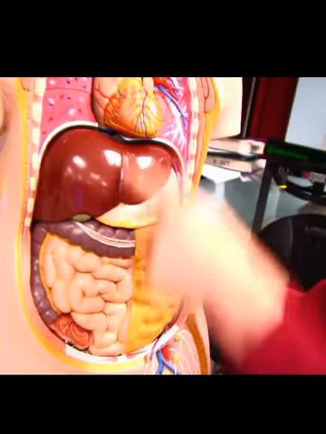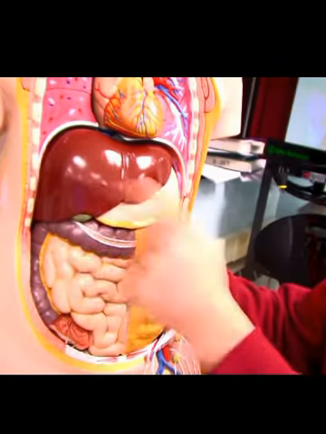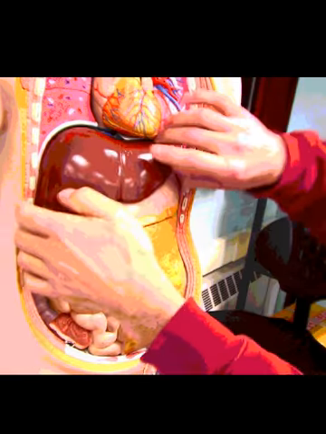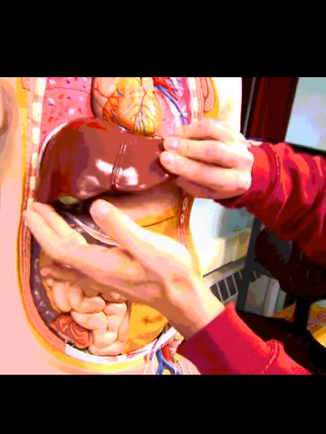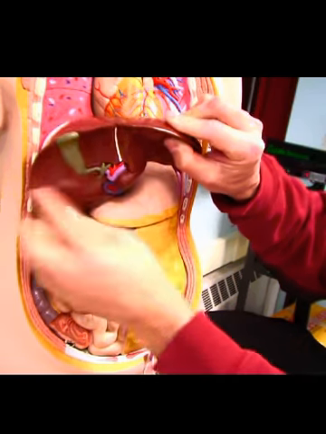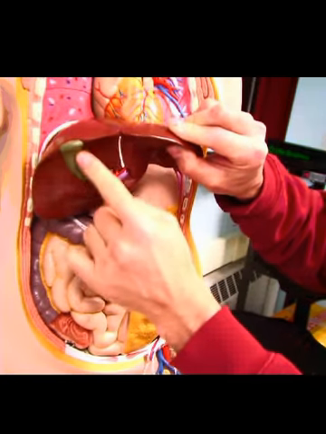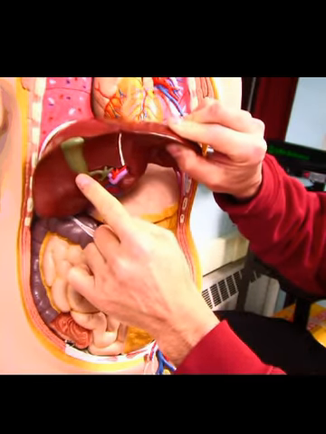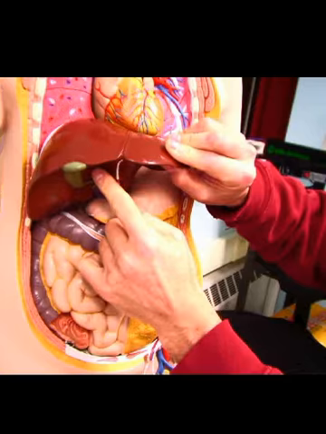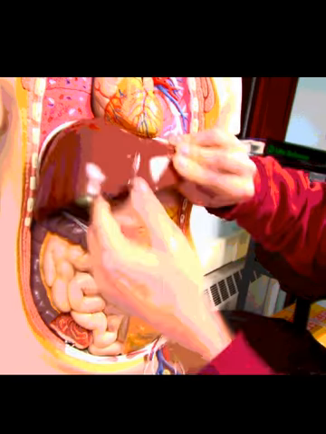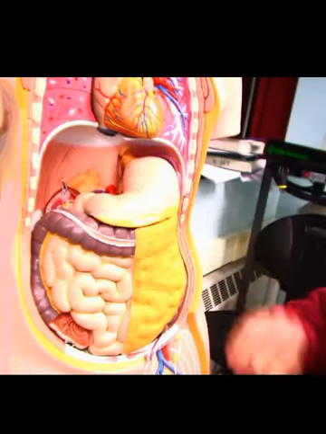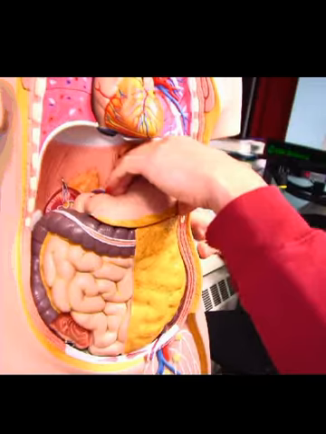All right, there's a left and a right lobe, and then right underneath it, as I pull this out, here's where that gall bladder is. It's just a pouch that holds the bile produced by the liver. That all gets secreted into the small intestine.